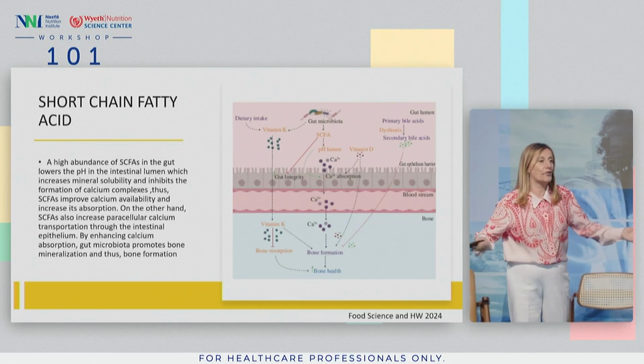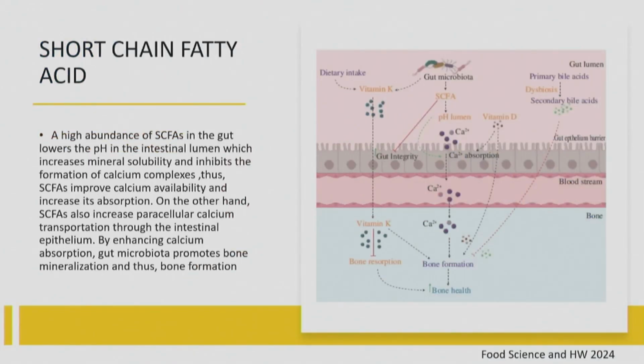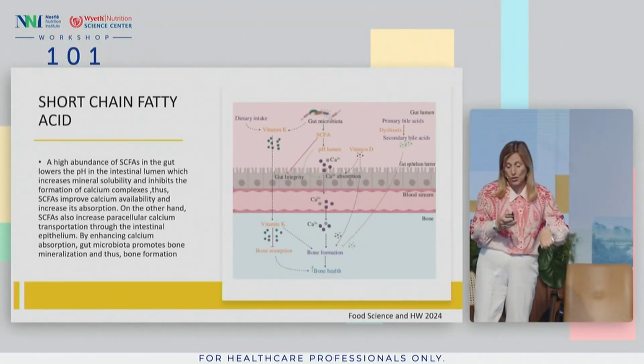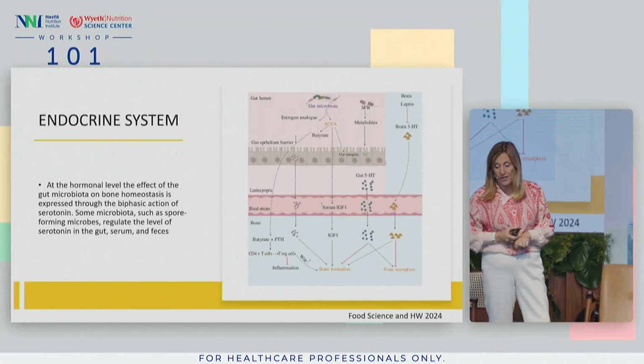We know calcium is the basis of bone metabolism, so short-chain fatty acids absolutely influence the reabsorption of calcium. These go again into the bloodstream, reach the bones, and start the production. Short-chain fatty acids like butyrate and acetate are helping. And we know perfectly that every kind of dysbiosis changes the production of short-chain fatty acids.